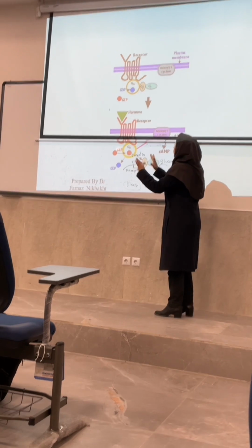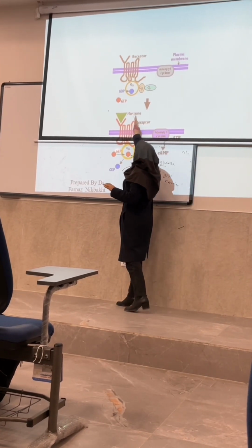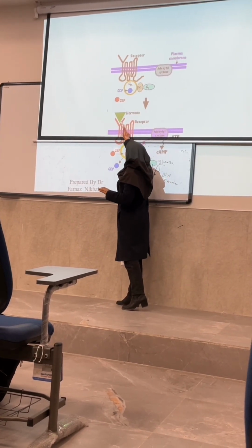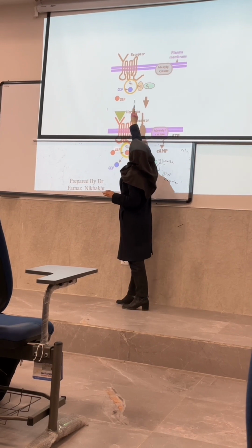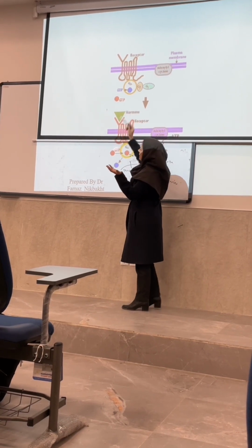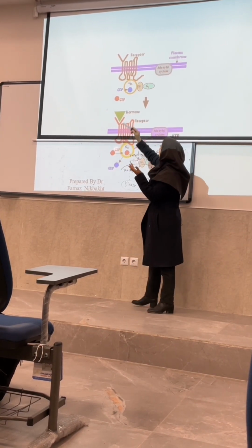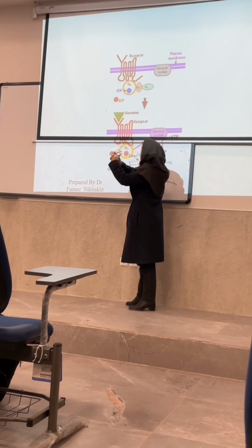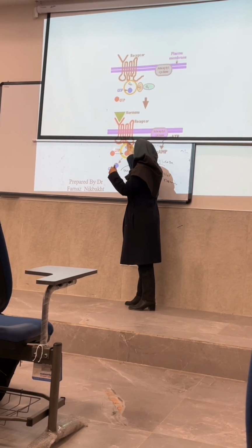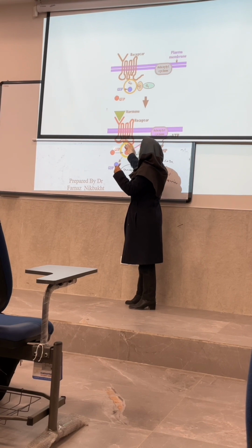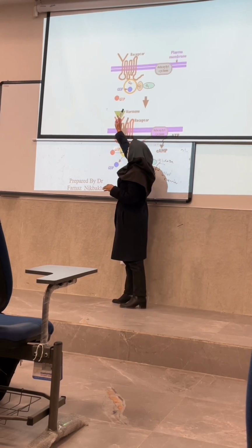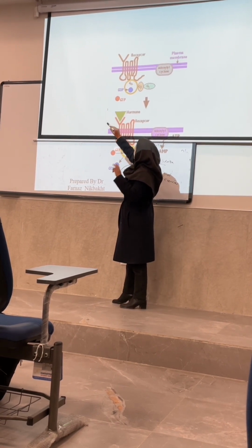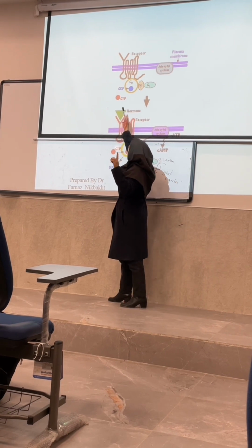Okay, when there is no ligand, this is the ligand, the hormone that wants to attach to the receptors. At first, there is no ligand, and the alpha, beta, and gamma of G are attached to each other on the cytoplasmic part. And GDP, you know that GDP has one phosphate less than GTP.